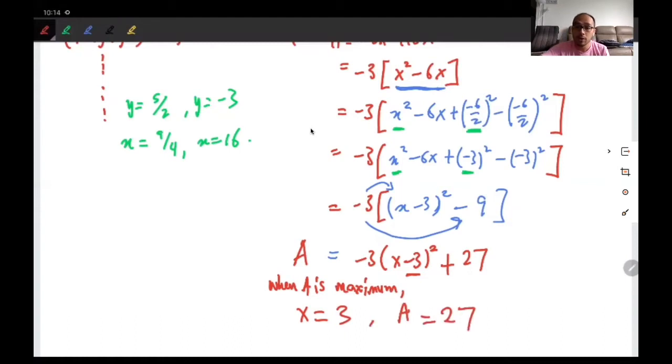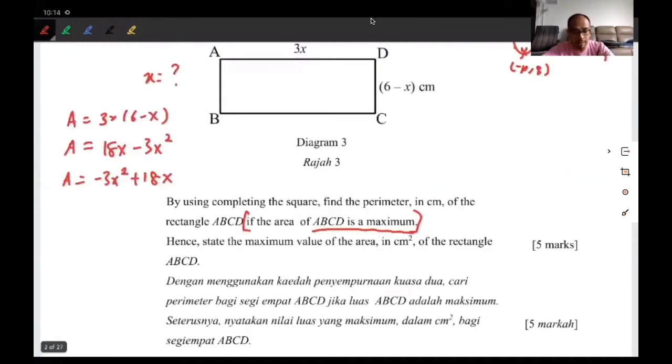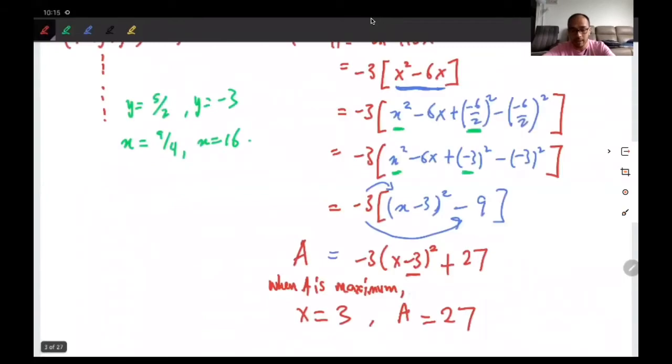That's how we use completing the square to find this question. x equals 3, and then a equals 27. So you're actually answering 2 questions already at once. Number 1 is state the maximum value of the area, which is 27. a is 27, x equals 3.